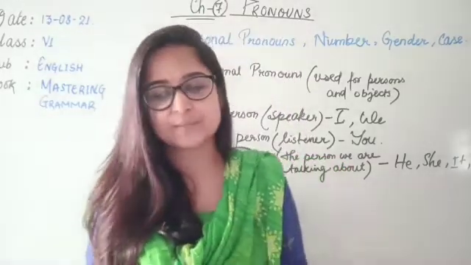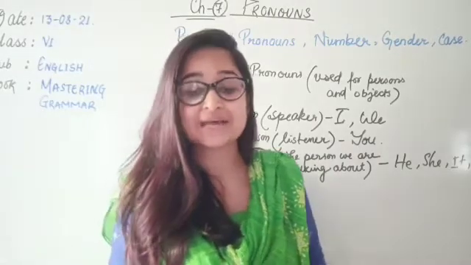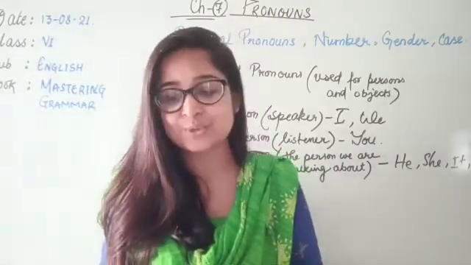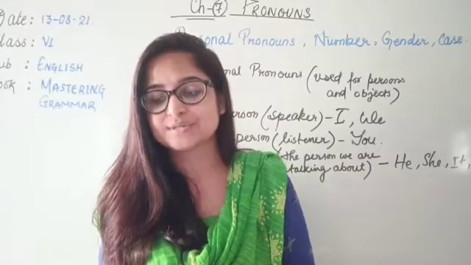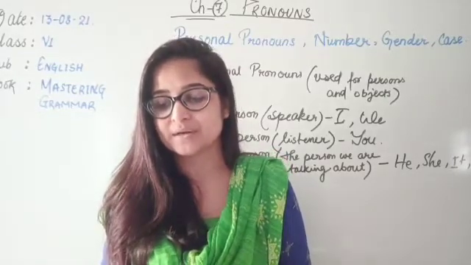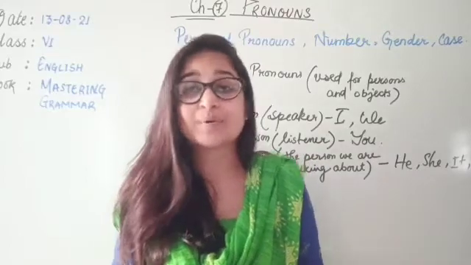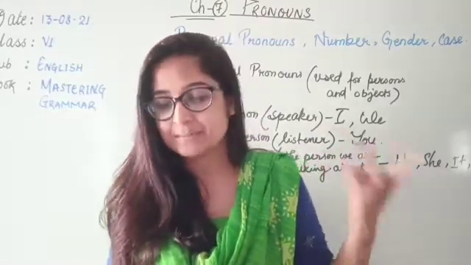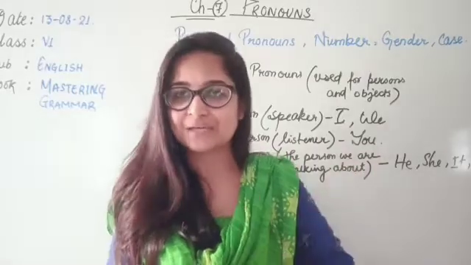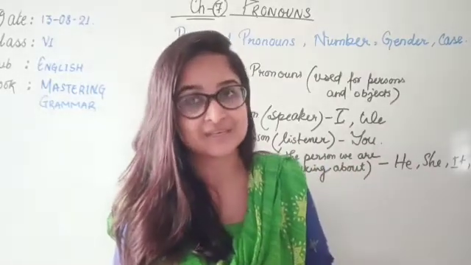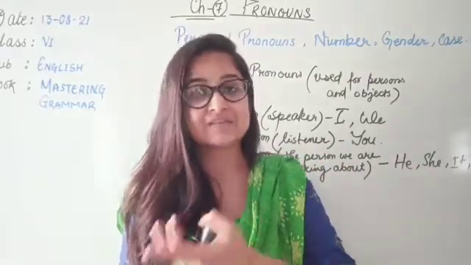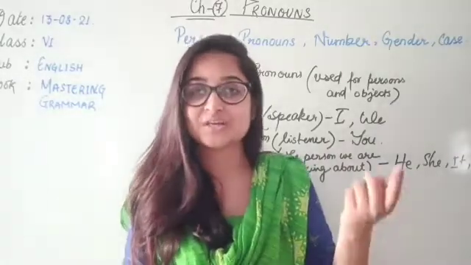You is the second person pronoun as it stands for the person spoken to. And his is the third person pronoun as it indicates the person spoken about. The third person has three genders: masculine, feminine and neuter. In masculine we have he, in feminine we have she, in neuter gender we have it.